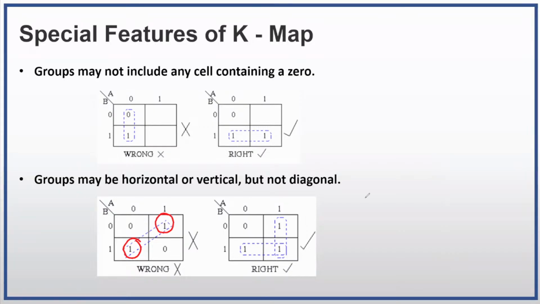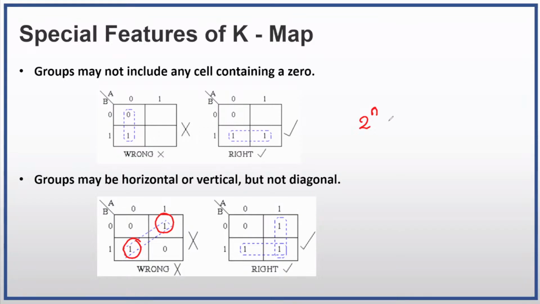And in this grouping, you should remember that you can only group the cells in powers of 2. So groups of 2 to the power n cells can be made by you.